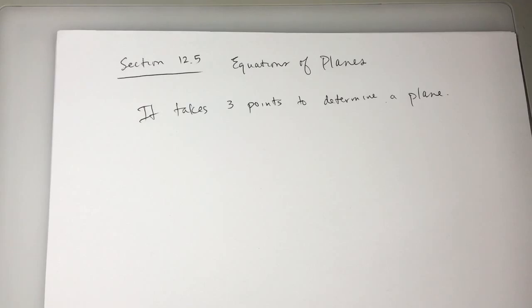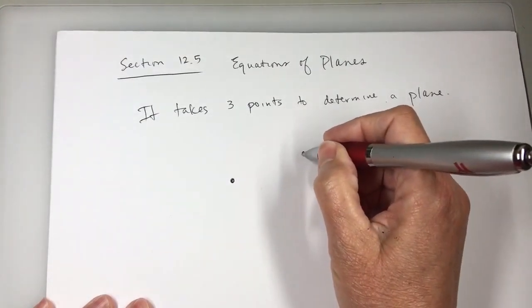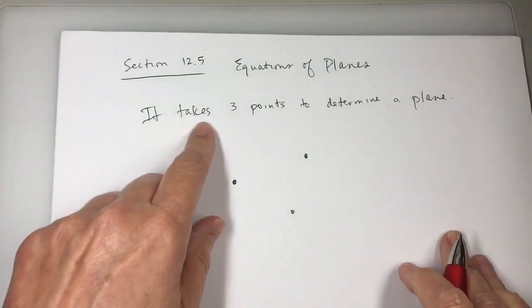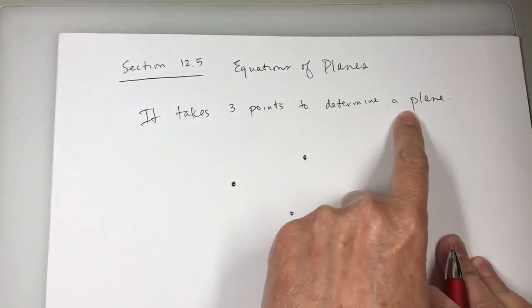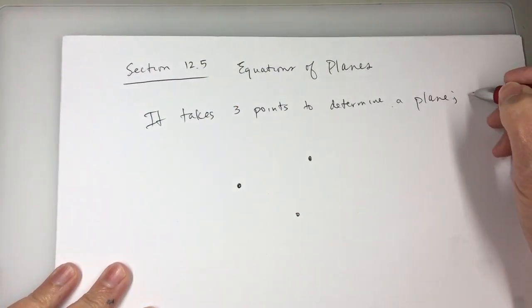3 points determine a plane, but what we're going to be looking for here would be something like this. Let me draw 3 points on my paper here, and I don't want them on the same line. We said it, but I didn't write it: 3 points determine a plane, and let's add this in here.